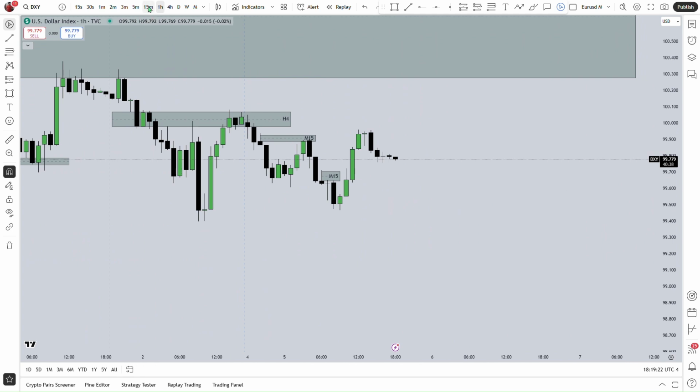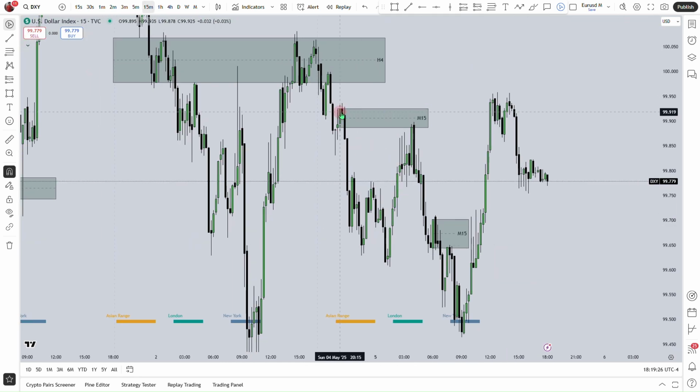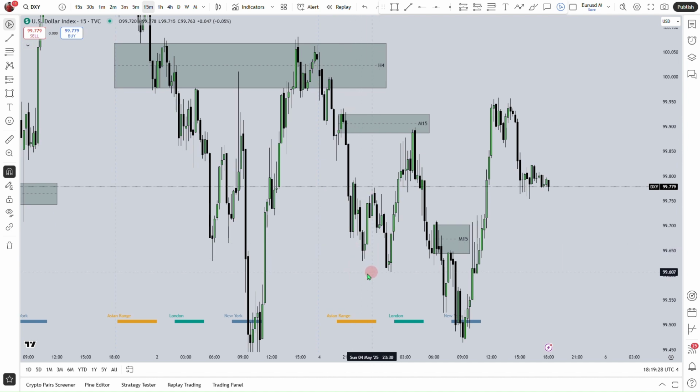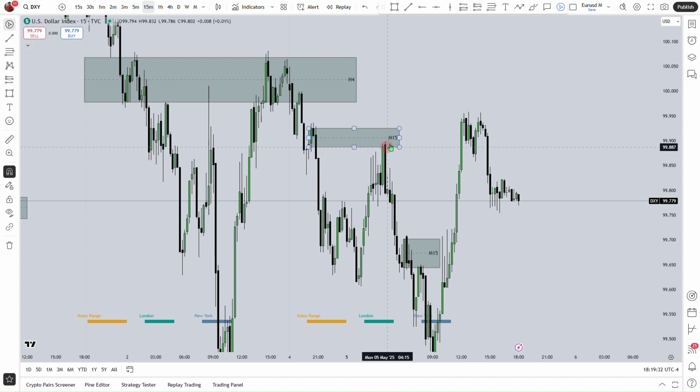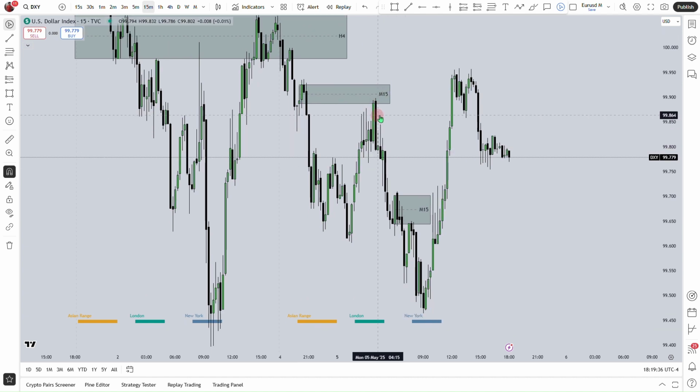On 15-minute, price started moving towards the downside in the Asian range. We had this order block, price came back into that, and we saw some good rejection. This was a trade. If this was a trade in EURUSD, I would have taken that, but it was not as clear as DXY.